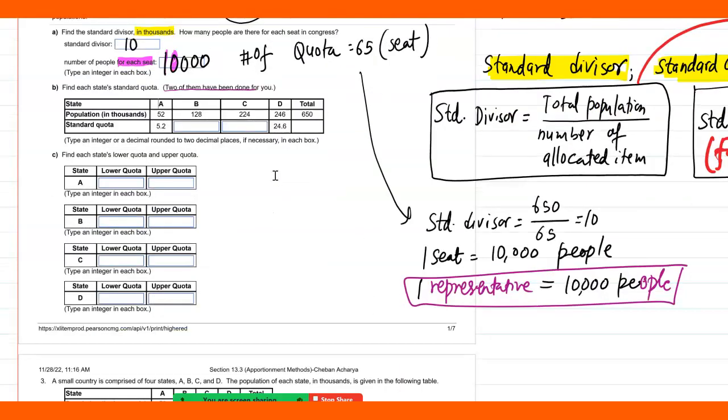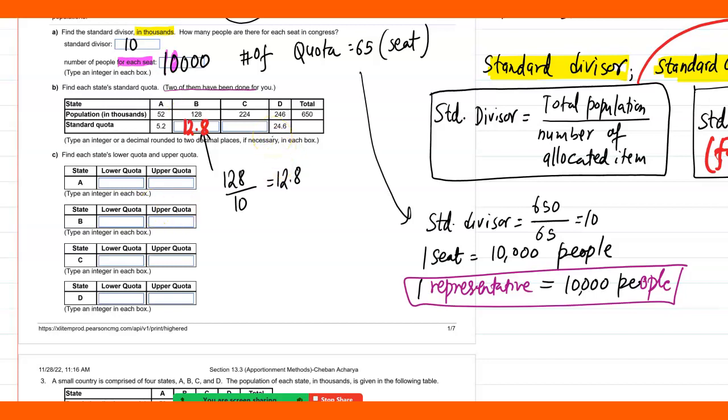Now let's find the standard quota for B. How do you find it? 128 divided by 10 gives you 12.8, right? The answer is 12.8. What's the standard quota for C?